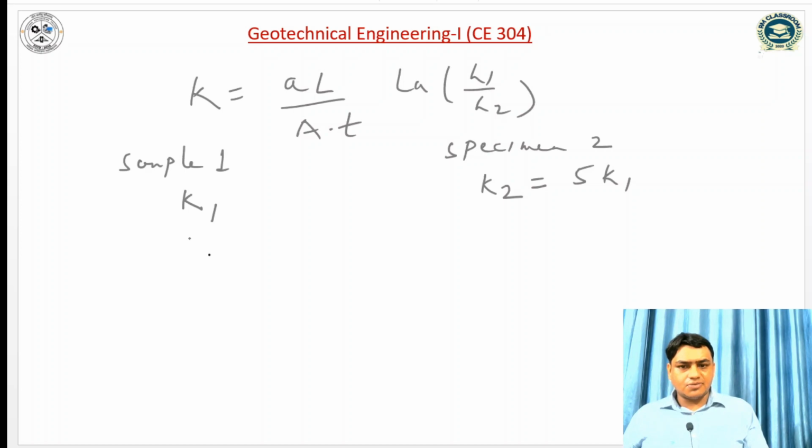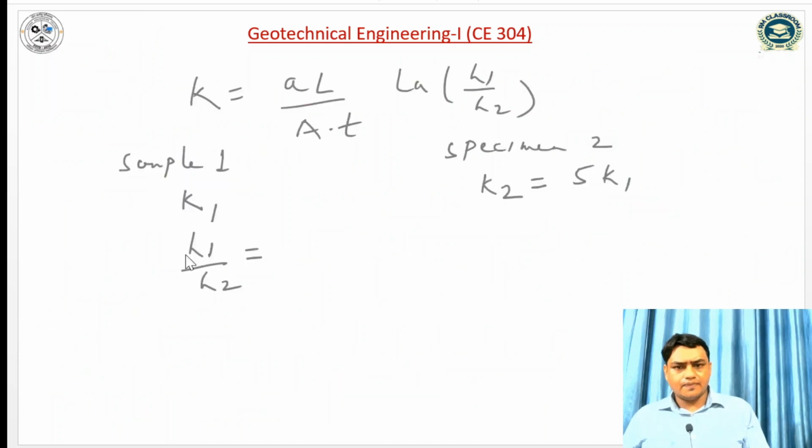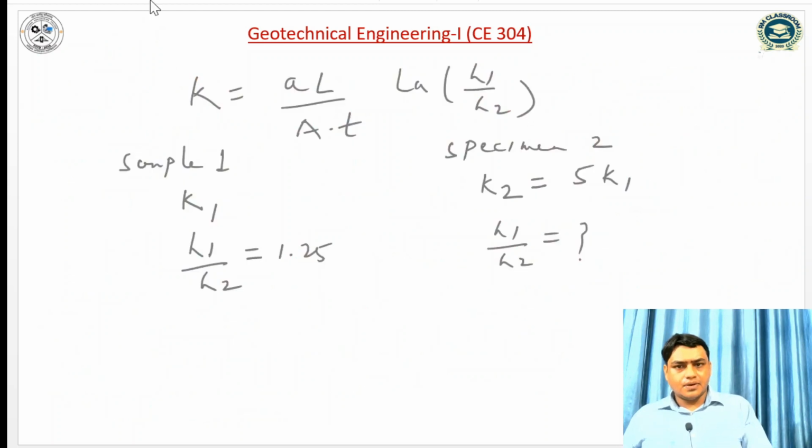Similarly, for specimen first H1 by H2 is given as 1.25, and we have to find the H1 by H2 in specimen 2. And the time interval is the same. Time interval T is equal to T here. Here also T is equal to T.